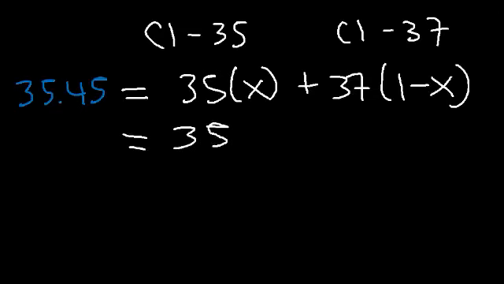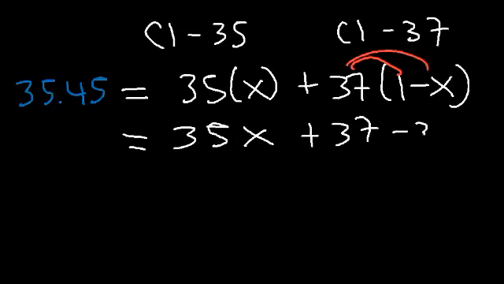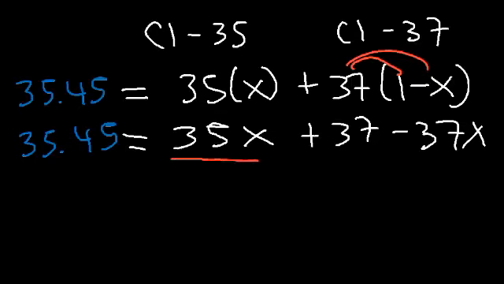So we have 35x. Here we're going to distribute the 37. 37 times 1 is 37. And 37 times negative x is negative 37x. So at this point, let's combine like terms. 35x minus 37x is negative 2x.